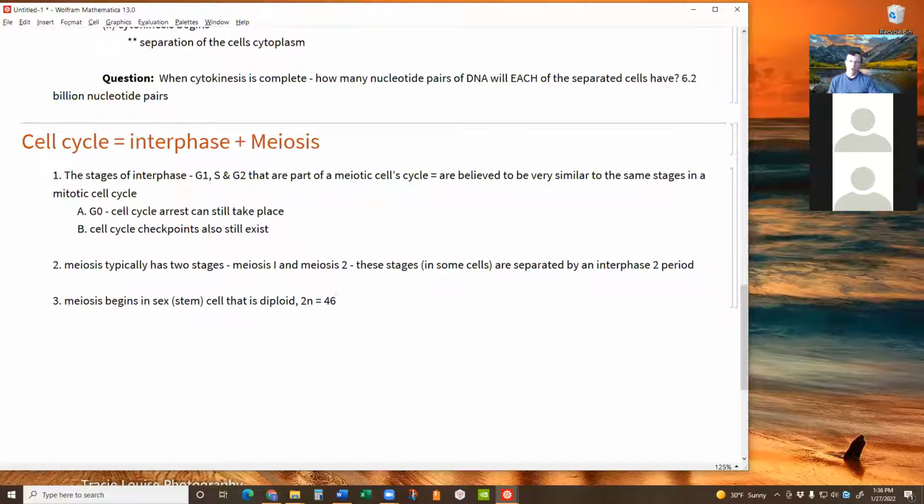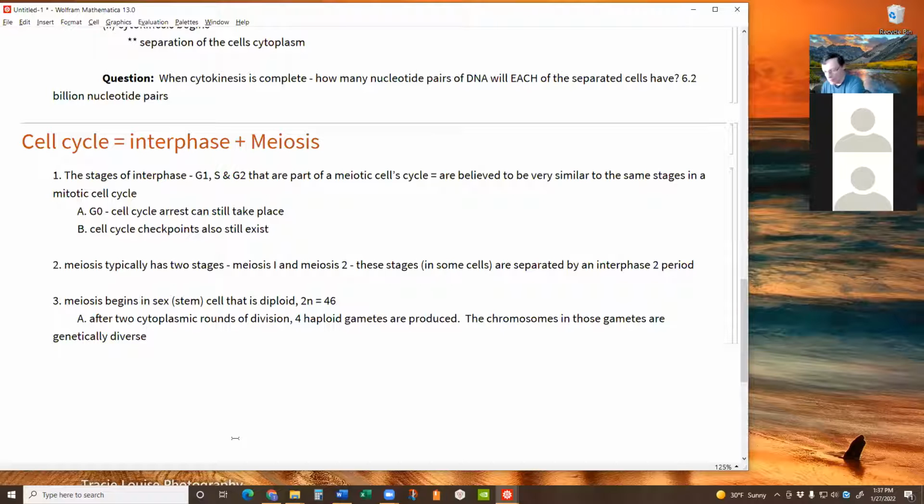Through the 2 stages of meiosis 1 and meiosis 2, we end up with 4 haploid cells. After 2 cytoplasmic rounds of division, 4 haploid gametes are produced. The chromosomes in those gametes are genetically diverse.